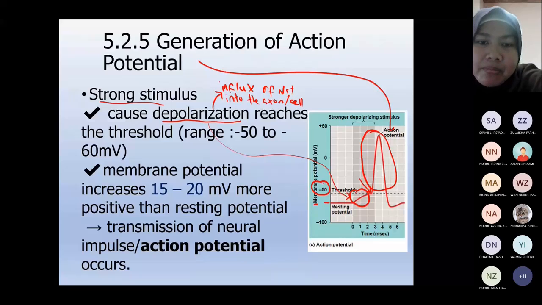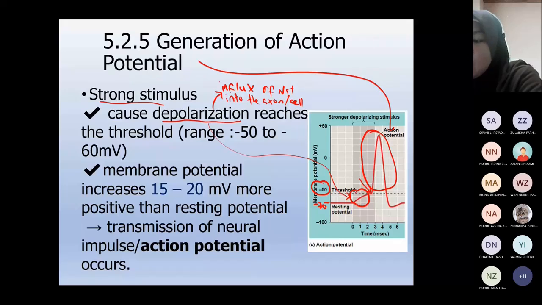So what happens during generation of action potential is the membrane potential increases around 15 to 20 millivolts more positive than the resting membrane potential.